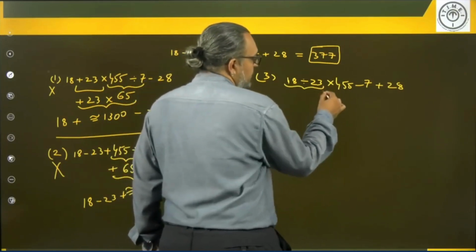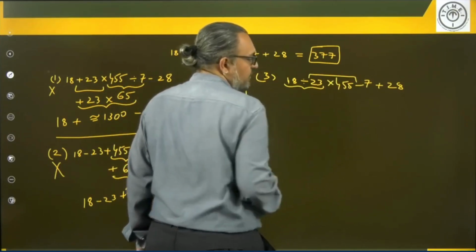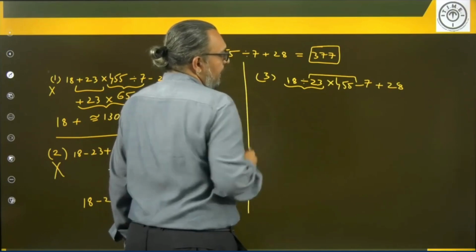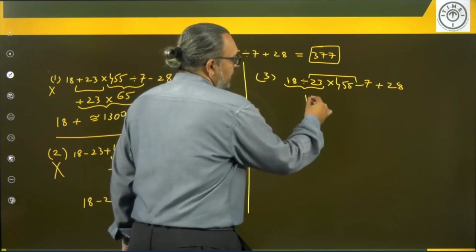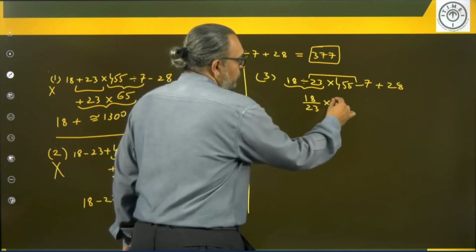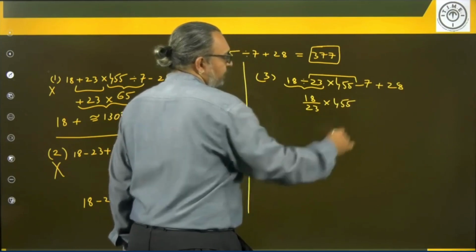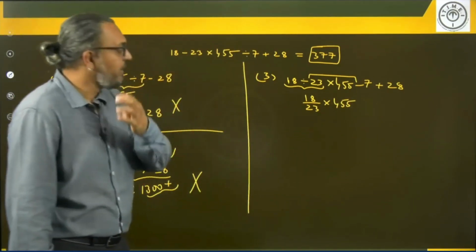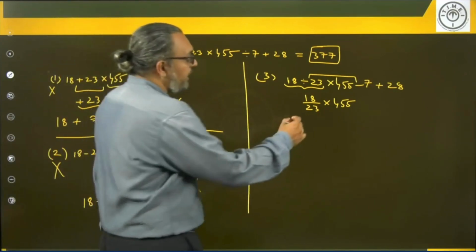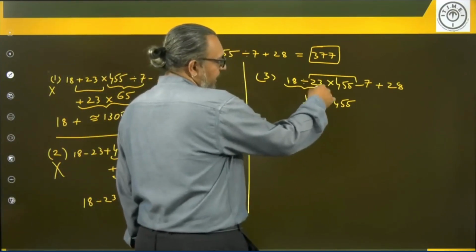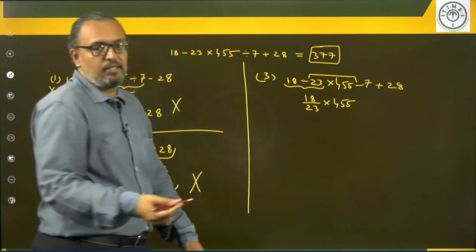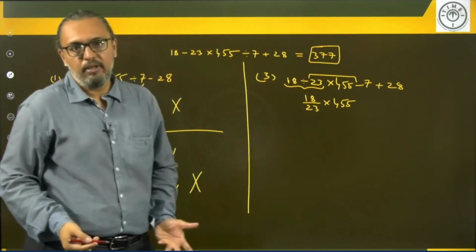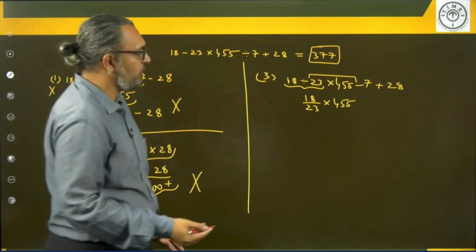Now again what we do? First is this and then you have to do this, correct? So we have 18 upon 23 into 455. Now 23 goes how many times, correct. Because 18 and 23 cannot have any calculation, I have to do it like this.